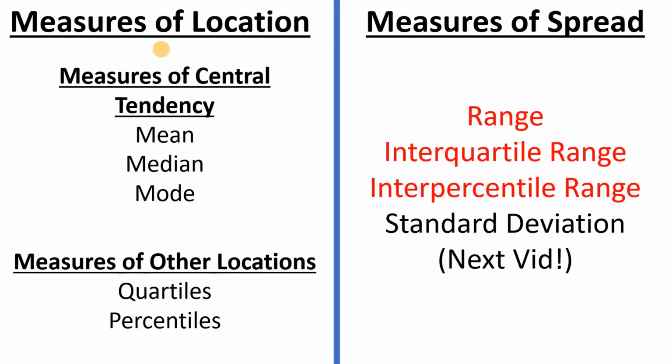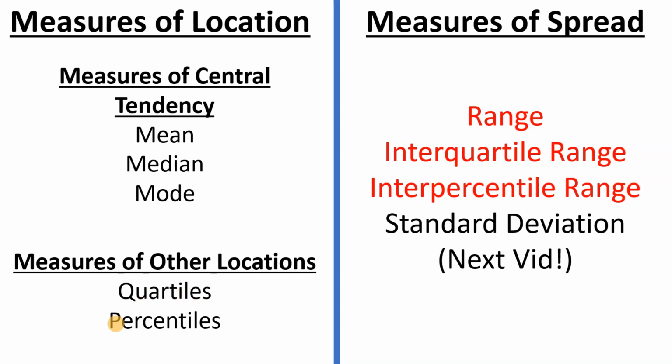So far in this chapter, we've talked about two things: measures of location and measures of spread. Measures of location can be split up into measures of central tendency and measures of other locations. So measures of central tendency include the mean, median, and mode. They try and tell you the central point of the data.